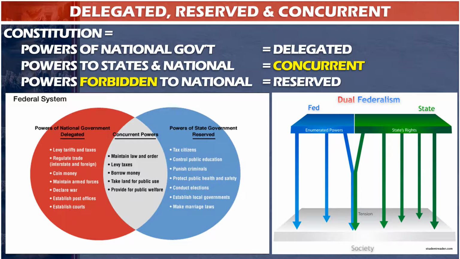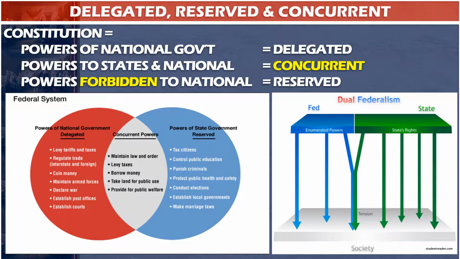So this Venn diagram here at the lower left kind of generally summarizes the delegated, concurrent, and reserve powers. The concurrent powers are that they can both, in a sense, tax their citizens, and they tax them in different ways. They both maintain law and order, and they both have various different types of law enforcement organs, whether it's the local city police, the state police, or sometimes national police like the FBI.